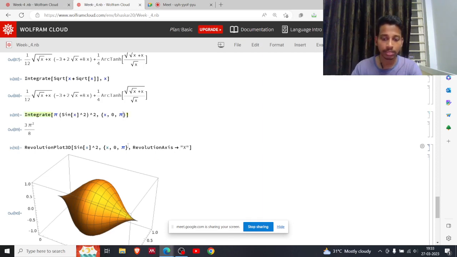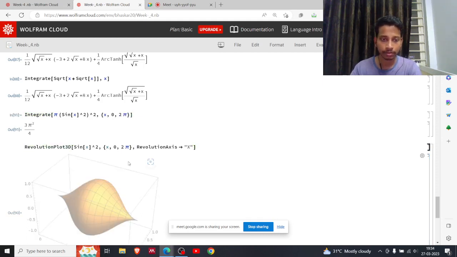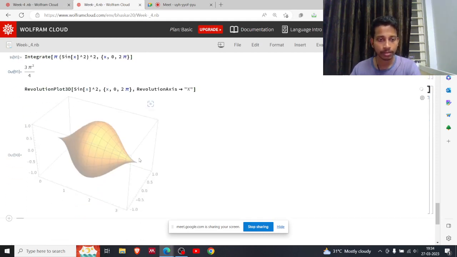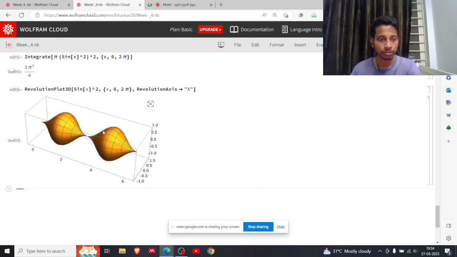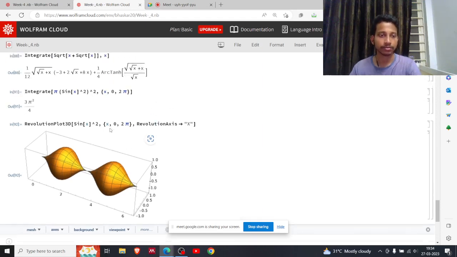Now if we change the range, we can see two lobes. So basically if you check this upper line, that actually corresponds to the sine curve. So basically one sine curve is rotated around the x-axis.